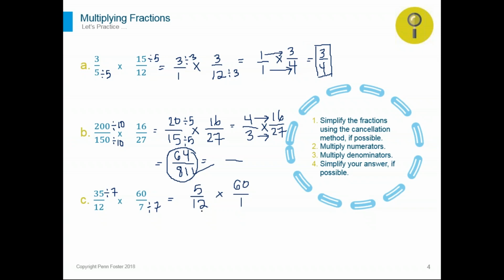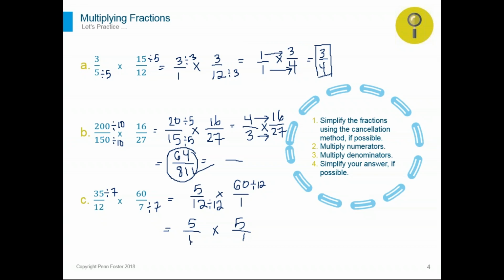From the multiplication table of 12, we know that 12 times 5 will give you 60. So divide over 12 and divide over 12. So it's going to be 5 over 1, because 12 over itself is a 1, times 5 over 1.